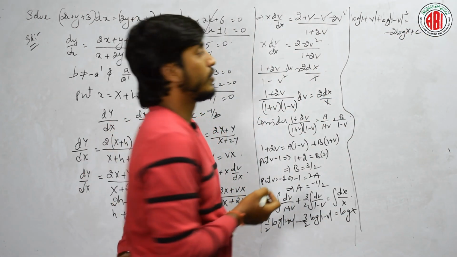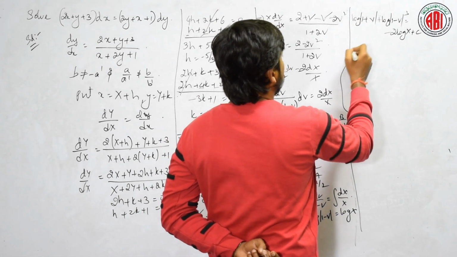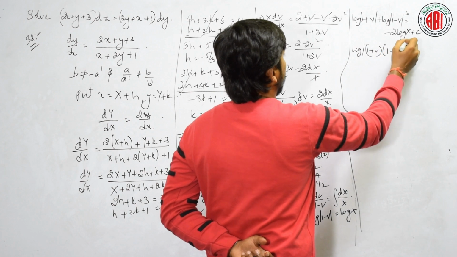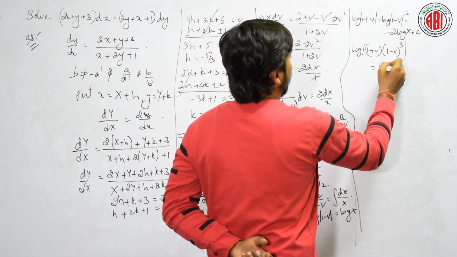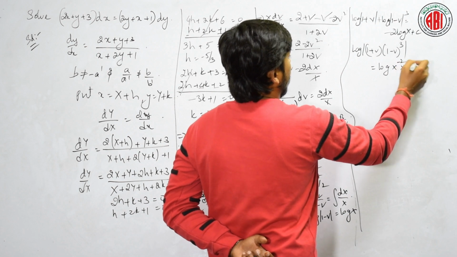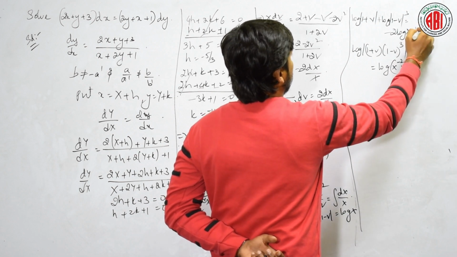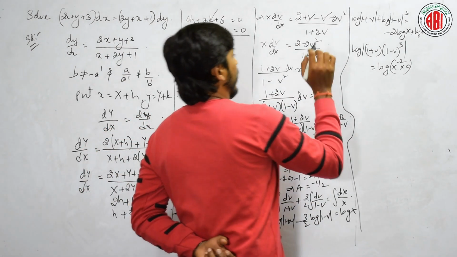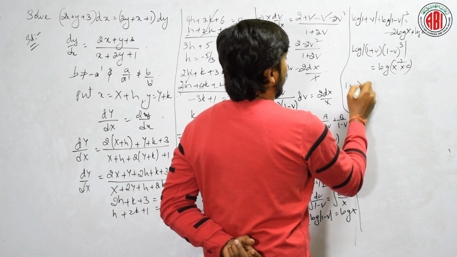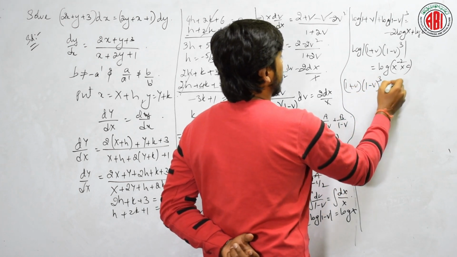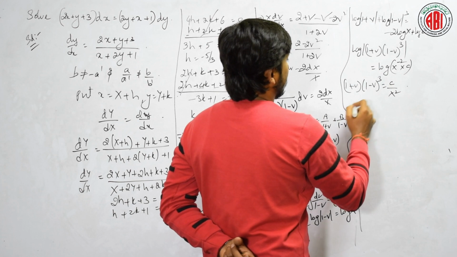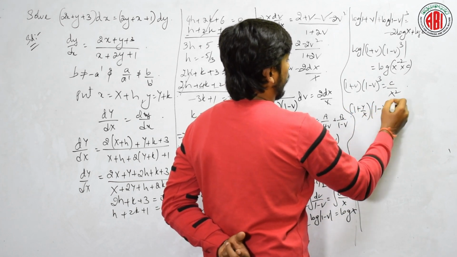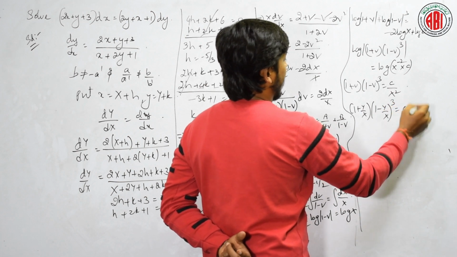Is it okay? So let us simplify this. Log a plus log b, that is log of (1 plus v) into (1 minus v) cube, is equal to log of x power minus 2 into c. Let me write it as log c. Is it okay? So you remove the log, and you will get (1 plus v) into (1 minus v) whole cube is equal to c by x square, that is nothing but (1 plus y by x)(1 minus y by x) whole cube is equal to c by x square.